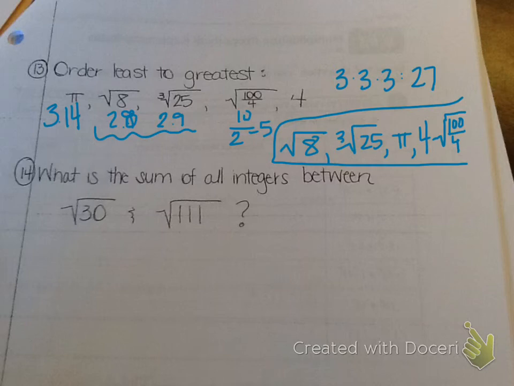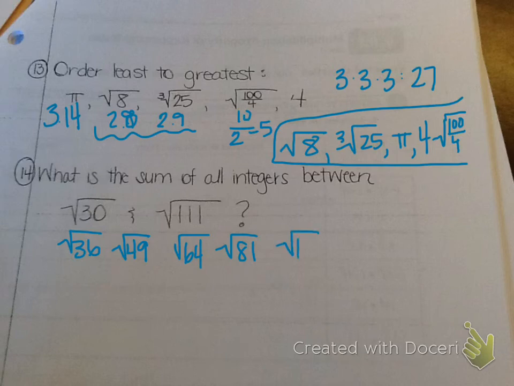On 14, this is one of my favorite problems. You know how I'm strange in like math problems. So the sum of all integers between the square root of 30 and the square root of 111. So the next perfect square would be the square root of 36. And so then we're going to write down all the perfect squares. So 6 times 6 is 36, 7 times 7 is 49, 8 times 8, 9 times 9, 10 times 10, and then 11 times 11 would be too far, right?